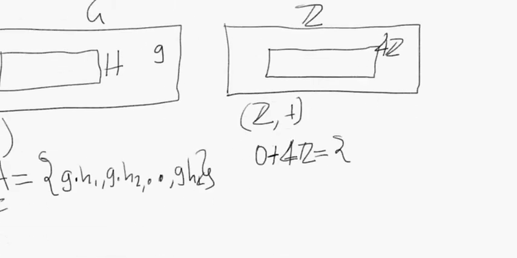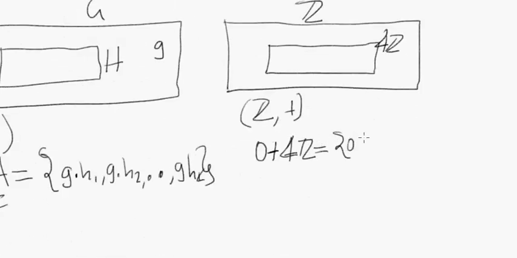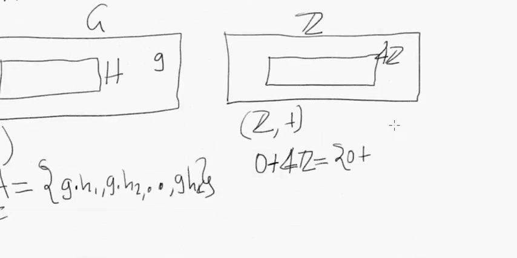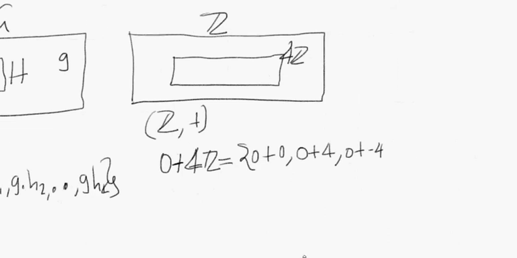So 0 plus 4Z will be 0 plus 0, since the first element of 4Z is 0. The next element is 4, so 0 plus 4, then 0 plus negative 4, and then 0 plus the next multiple of 4, which is 8, 0 plus negative 8, and so on and so forth.